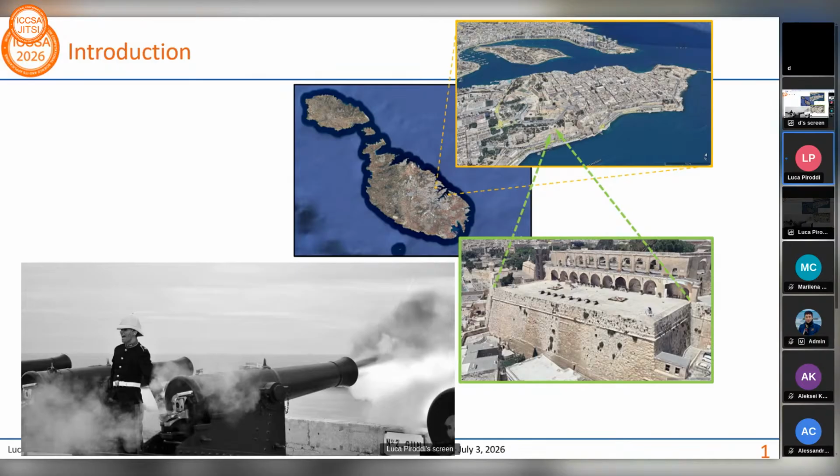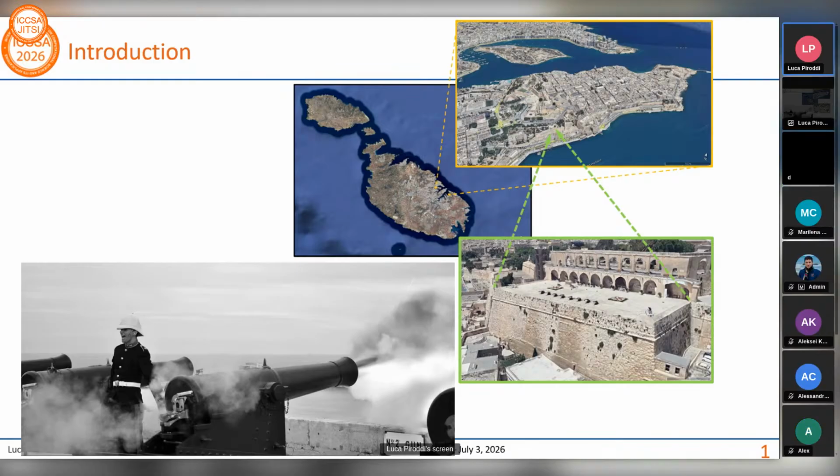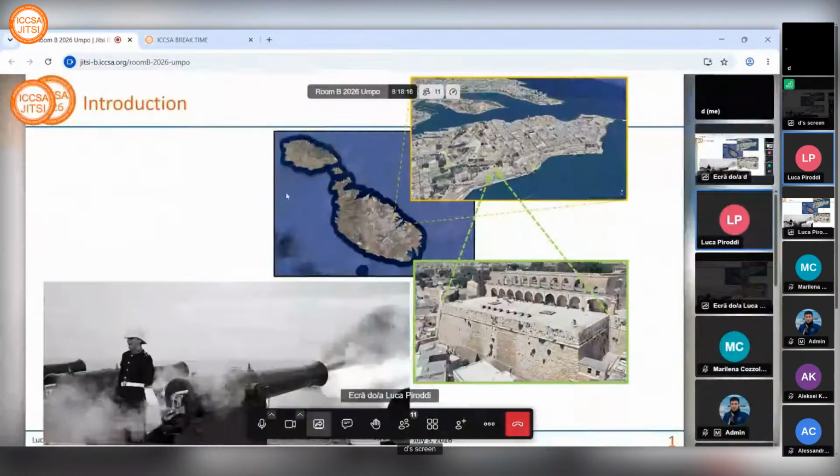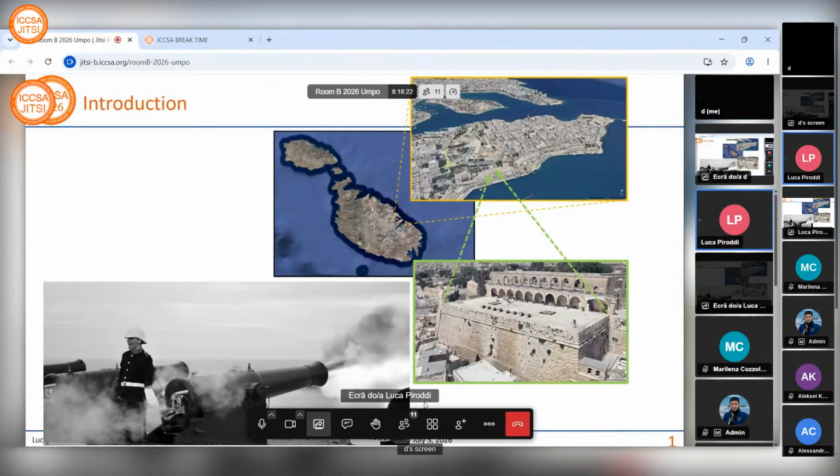In the 19th century, the upper section was transformed into the public garden that I already mentioned, the Upper Barracca Gardens, which is the home of a series of commemorative monuments and plaques. The lower section houses the saluting battery itself, a rectangular platform with a continuous low parapet, which we can see here and also in the pictures from the surveys.